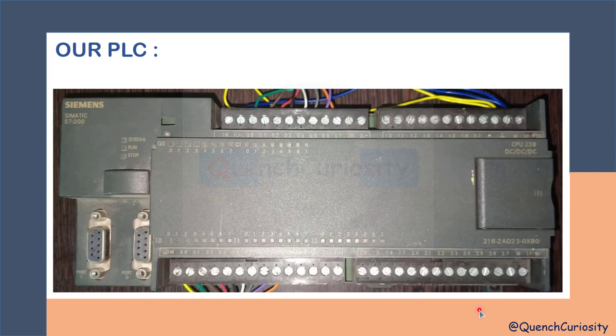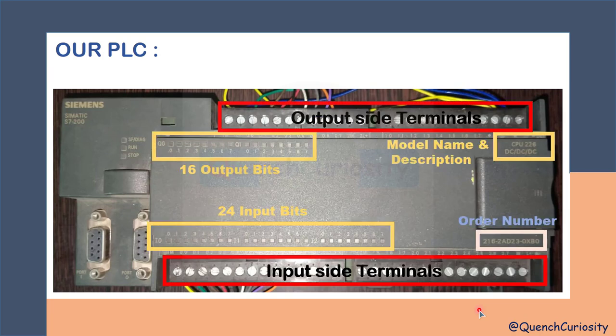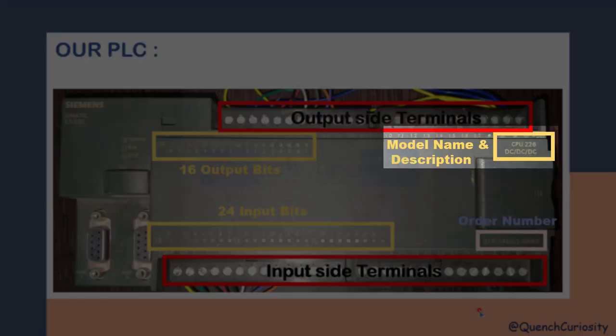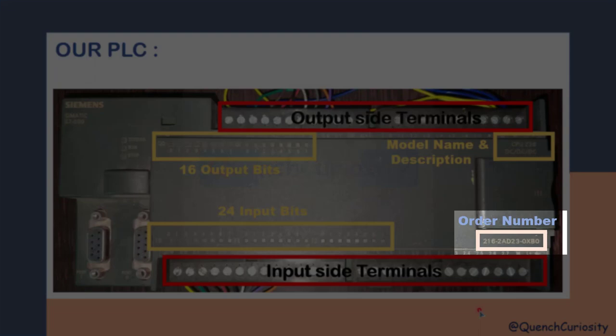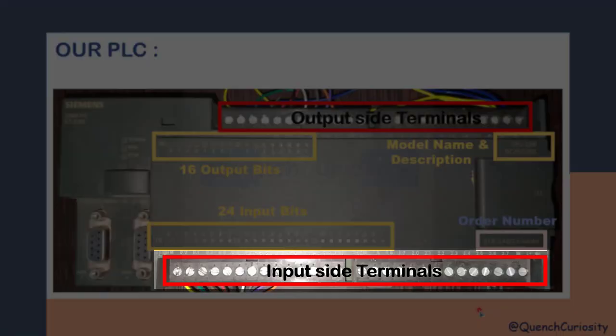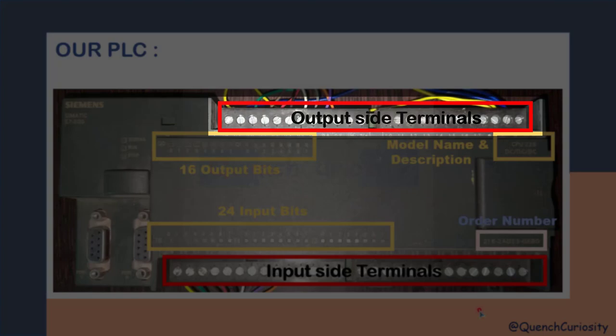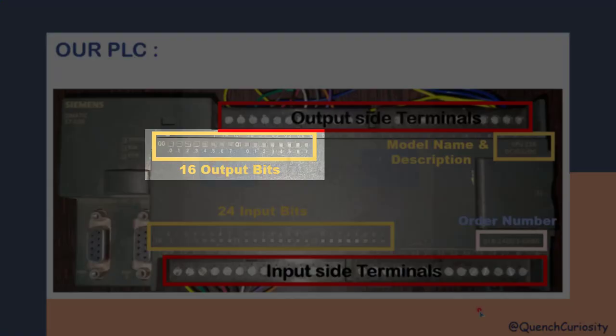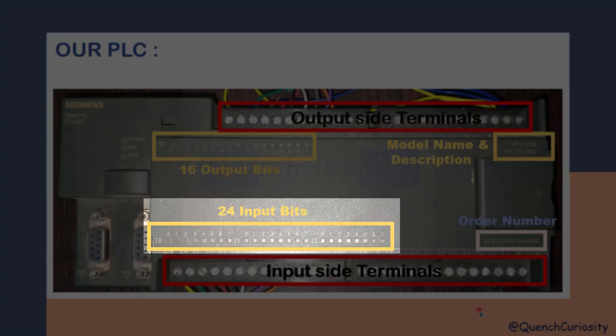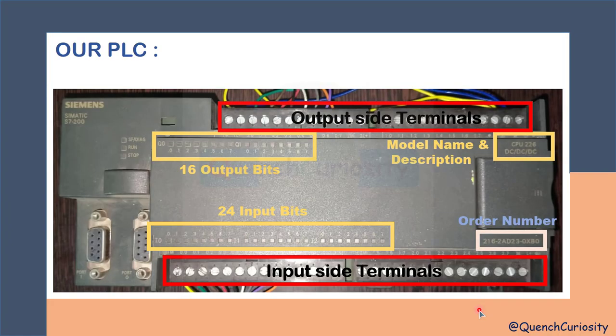So guys, this is the PLC with which we will be playing around. And as you see, the marked ones: the model name and description, order number, input side terminals, output side terminals, number of output bits, and number of input bits. Now from this description, you can see that I have 16 output bits and 24 input bits.